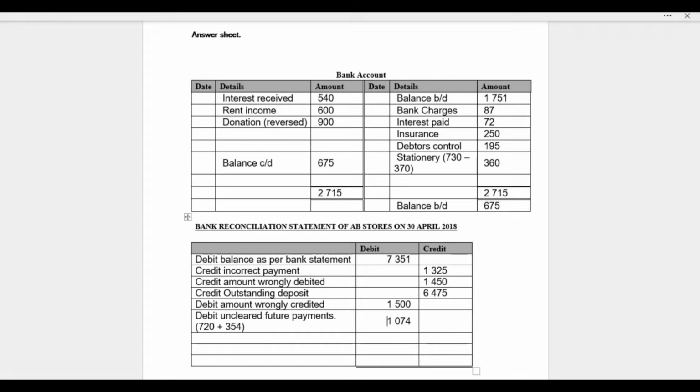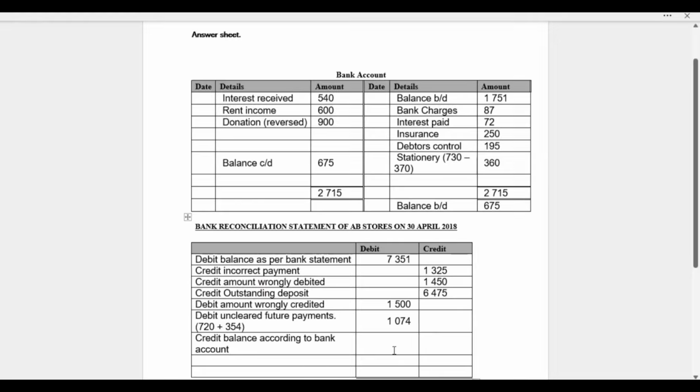All right, and then you're going to take this one. You see, it's on the credit side. You bring it here. You say credit balance according to bank account of 675.